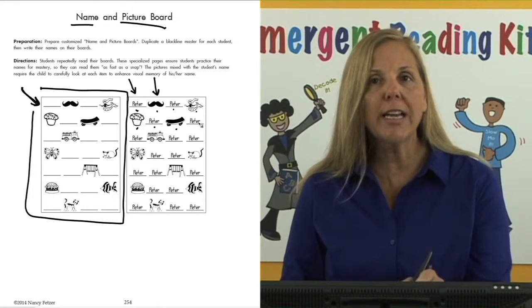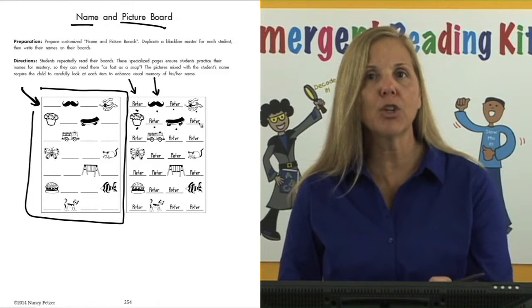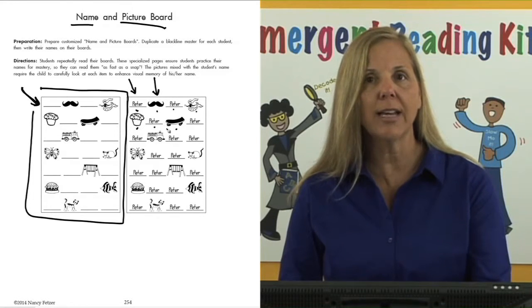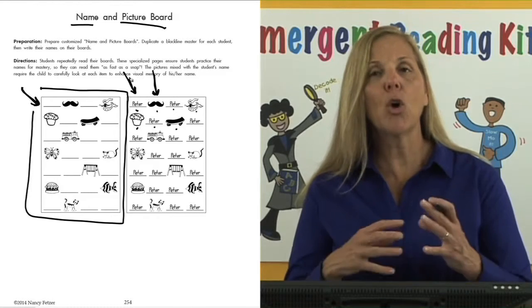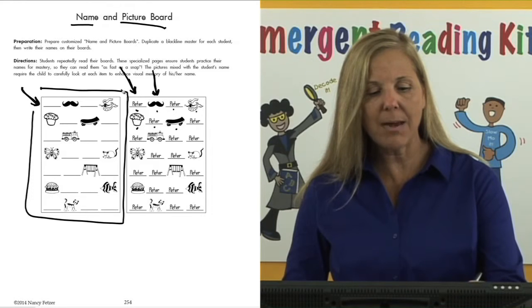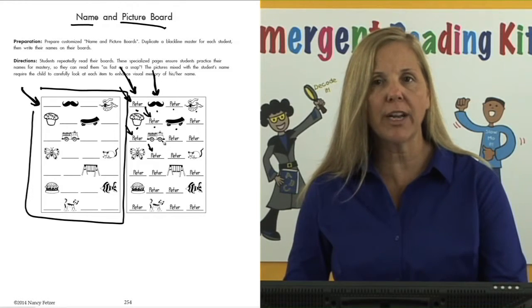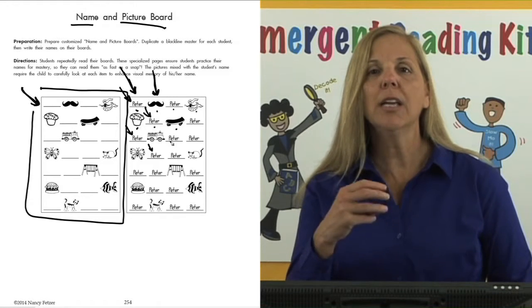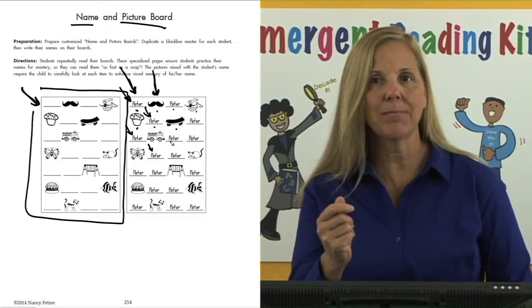He is looking at each word, touching it one to one, going left to right, and doing the return sweep so that he can go to the next line. This activity provides all those beginning reading skills, but also provides him with reading his name many times over and over and over again, so that after a while, he will just be able to see his name and read it as fast as a snap.